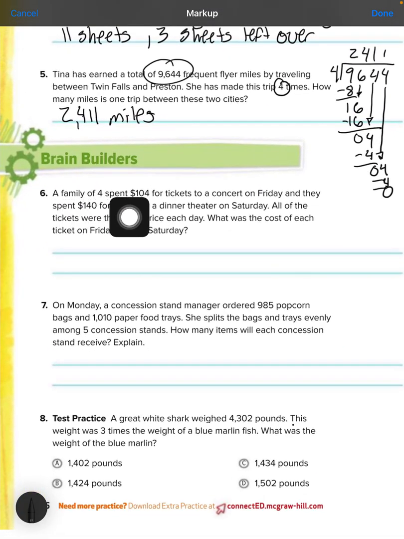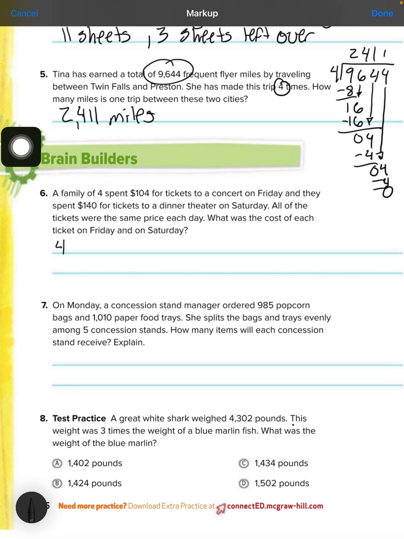Brain builder. A family of 4 spent $104 for tickets to a concert on Friday, and they spent $140 for tickets to dinner theater on Saturday. If all of the tickets were the same price each day, what was the cost for each ticket on Friday and Saturday? Okay, so they're trying to confuse you by using similar numbers, 140 and 104.